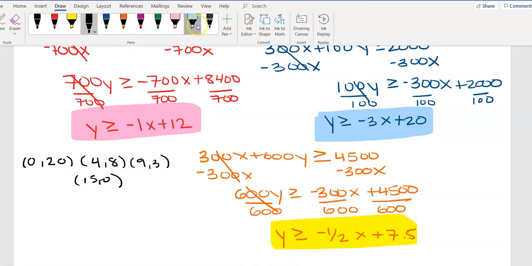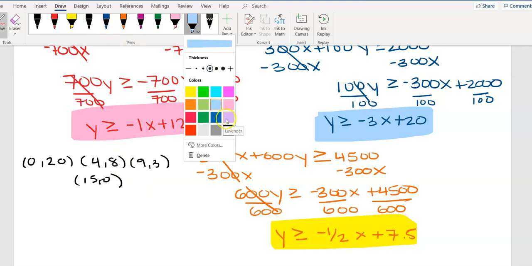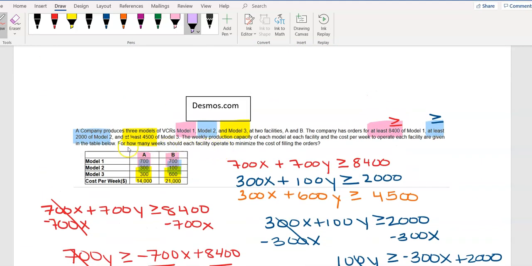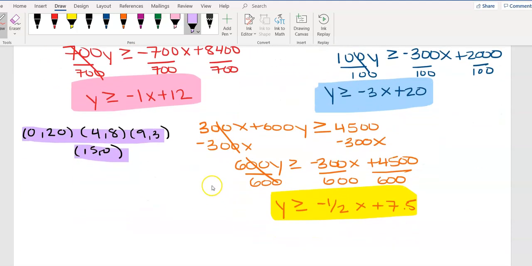So now what you would do with these ordered pairs is take these ordered pairs and plug them into the equation that will show me which is going to give the minimum. And that's going to be my cost per week equation. So I'm going to write my cost equation, and it was cost is 14,000 for every x plus 21,000 for every y.